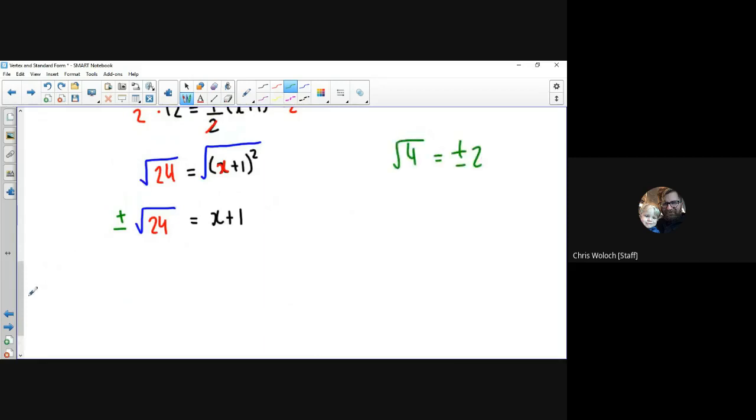This is important because I want to find my zeros, my x-intercepts, and this is telling me that I now have 2. And then the last move is just to move this positive 1 across. So I'll get -1 plus or minus the square root of 24.